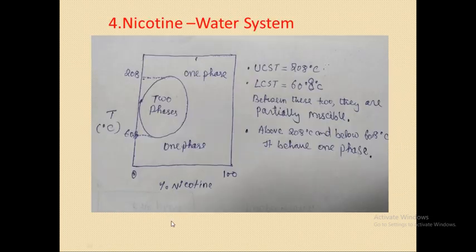Another type of liquid system is the nicotine and water system. A graph is plotted between temperature in degrees Celsius and the percentage of nicotine, marked here 0 and 100. So the nicotine and water graph is shown here.